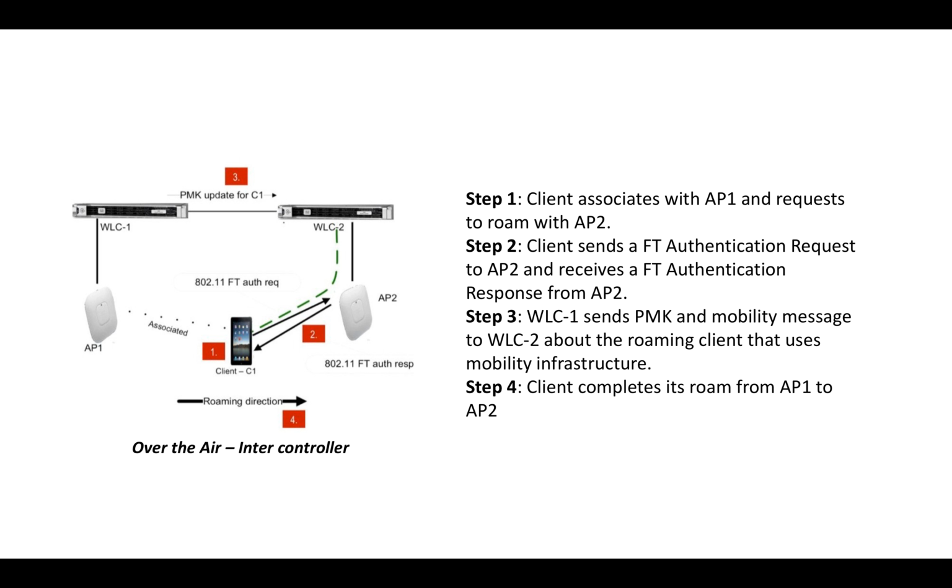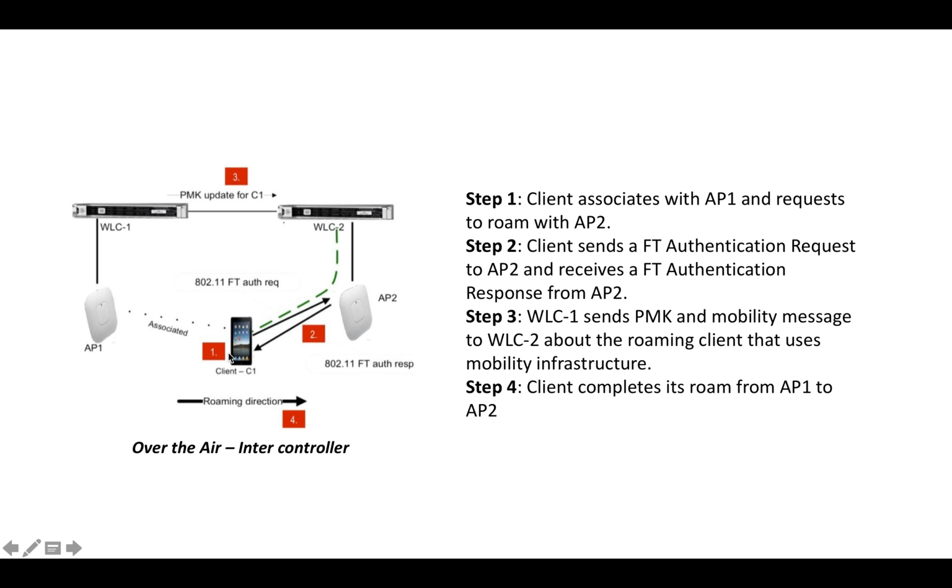Now, what do we do if I have my APs spread across different controllers? Let's say AP1 is on controller 1 and AP2 is on controller 2. It follows a fairly similar process. The client wants to move from AP1 to AP2. It sends out an FT authentication request to AP2 and then receives an authentication response.